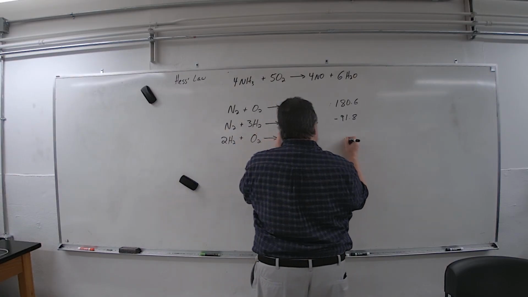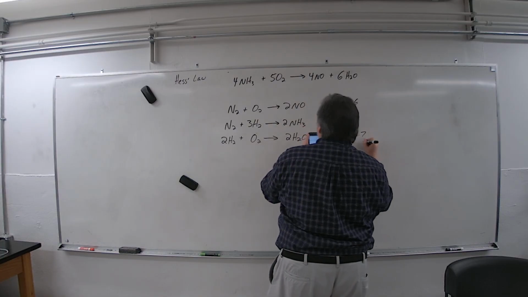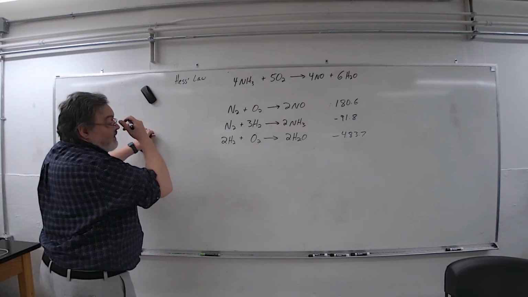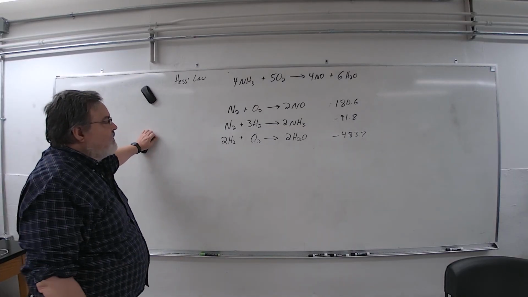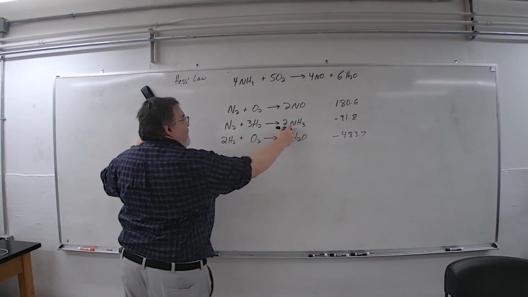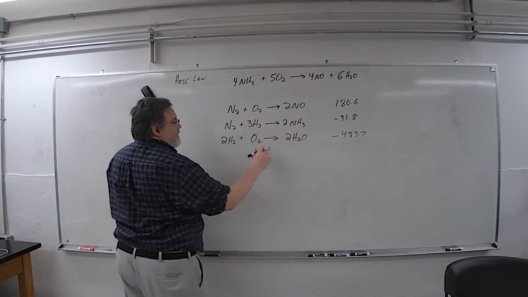2H2O, negative 437. All right. So the only place we see NH3 down here is there. And we need it on the left, so I'm sure I have to flip this one around.